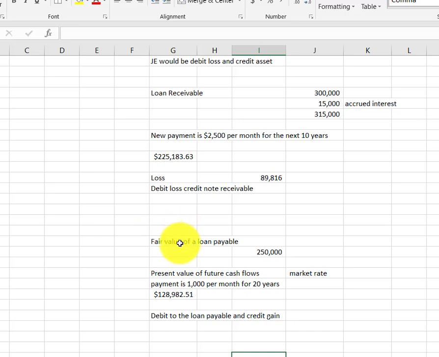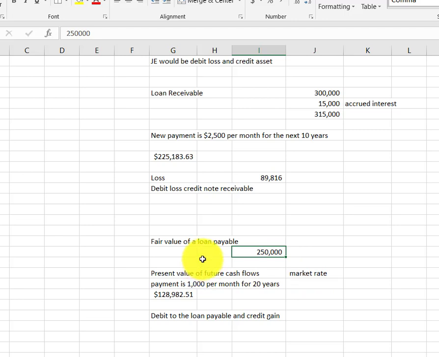So this company does that, and so as a borrower, they're looking at the fair value of their loan payable. They owe $250,000. The present value of the future cash flows. All right, we're going to use the market rate, not the original loan rate, but the market rate. What is the market rate currently when we're evaluating a loan payable?